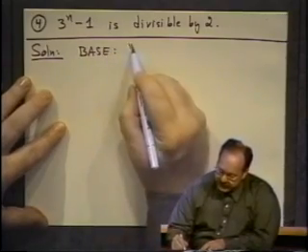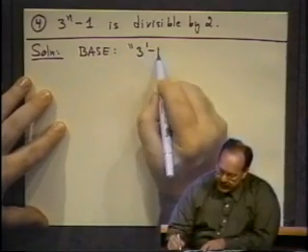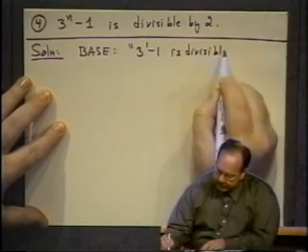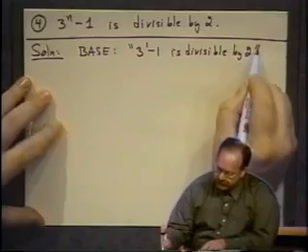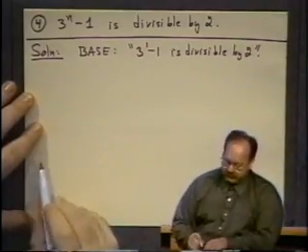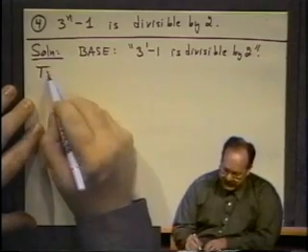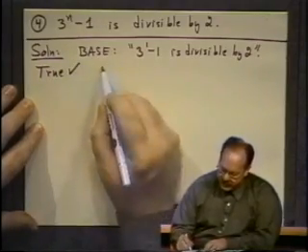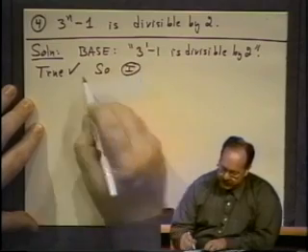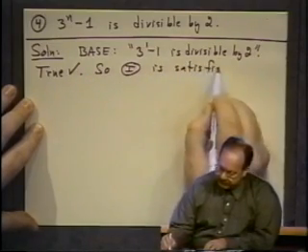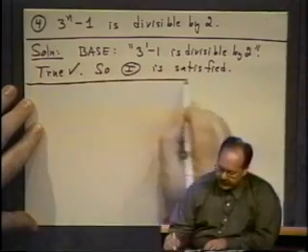Okay, the base here is the statement 3 to the 1 minus 1 is divisible by 2. Well, is that true? Well, of course it is. 3 minus 1 is 2, so that's easy to check as true. So that means that Roman numeral 1 is satisfied.